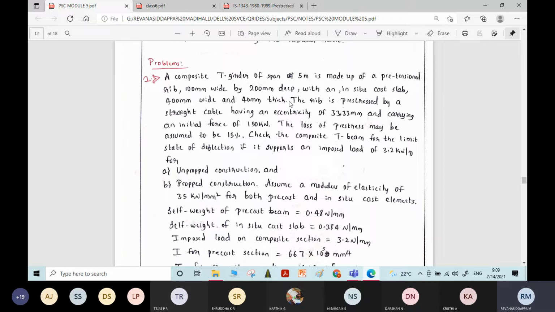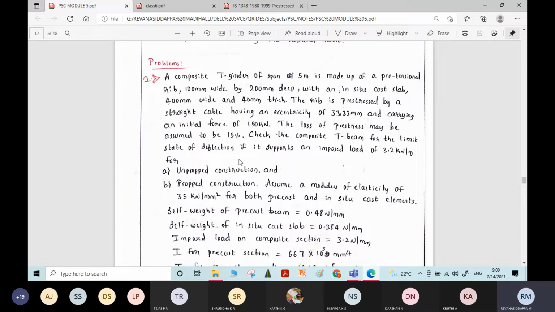Five meter is the span given. That is the maximum permissible deflection allowed to the beam. If the actual deflection is less than the permissible deflection, then the section is said to be safe.